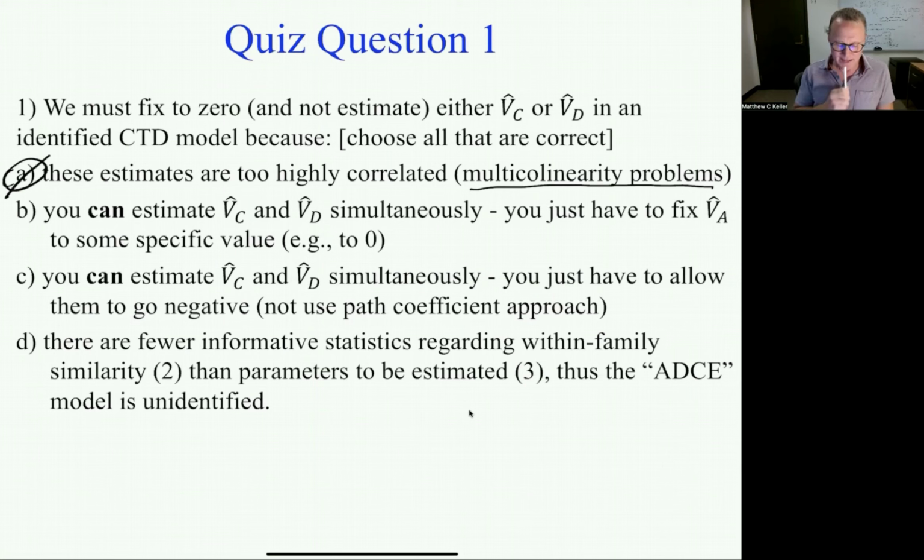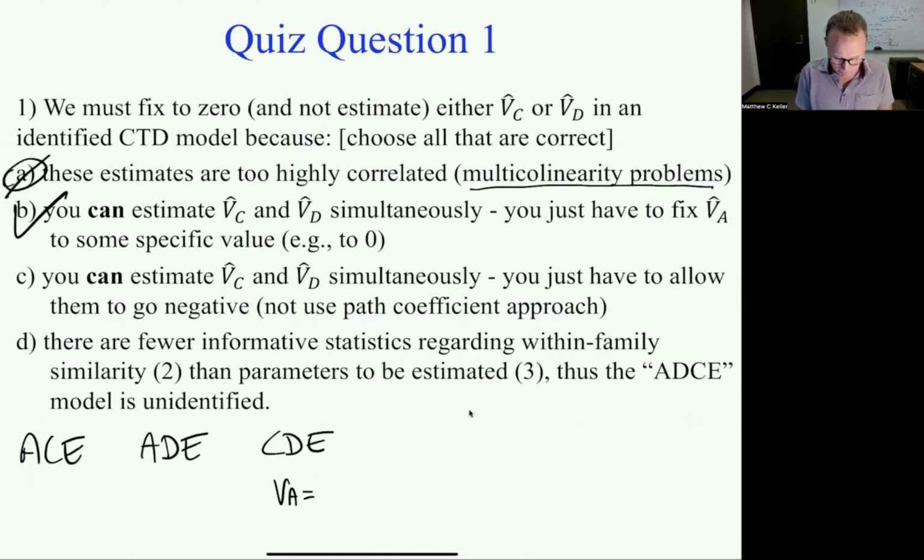And B, you can estimate VC hat and VD hat simultaneously. You just have to fix VA hat to some specific value, for example, 0. This is actually correct. This is one of the correct answers here. So we've talked here about ACE models and ADE models. You could also fit, if you chose, a CDE model by fixing VA to whatever value you wanted.